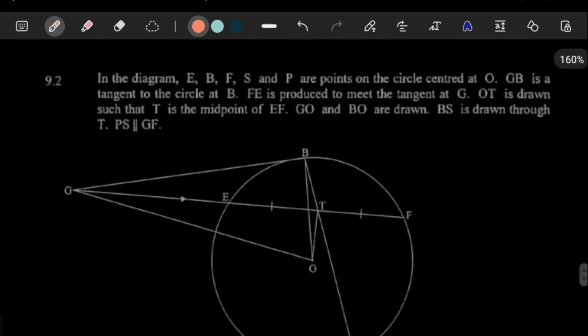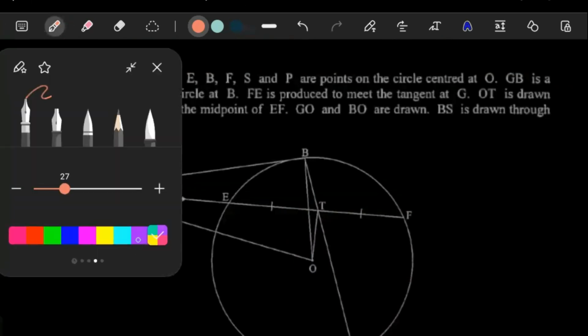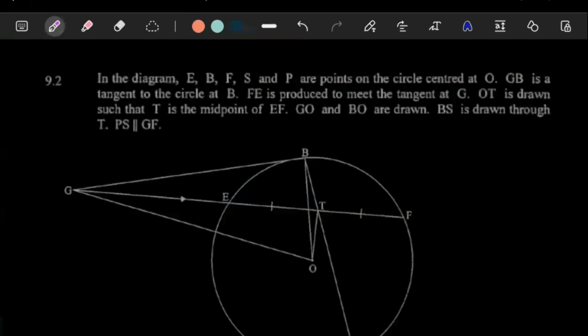So 9.2, what does 9.2 say now? 9.2 says in the diagram, you have E, you have B, then you have F, you have S. Where's S now?